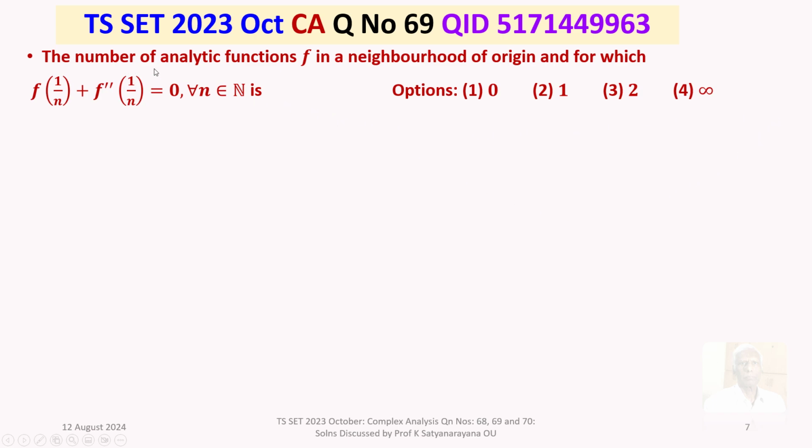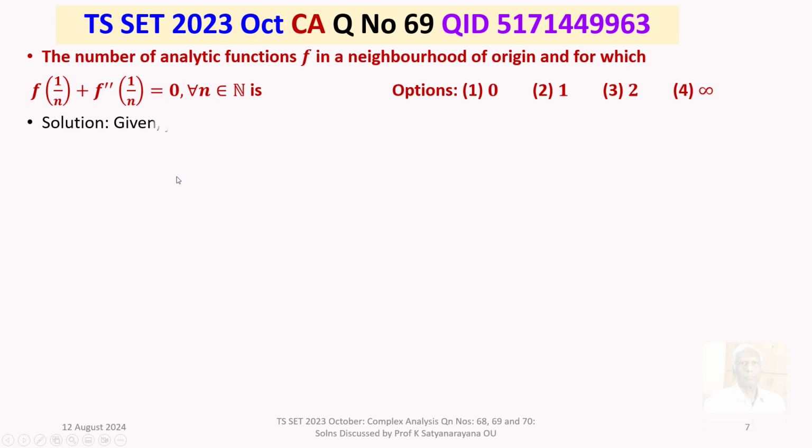So we have to find out how many analytic functions f in a neighborhood of origin for which this is satisfied. How many such functions? 0 function, no functions at all, 1 function, 2 functions, infinitely many functions.